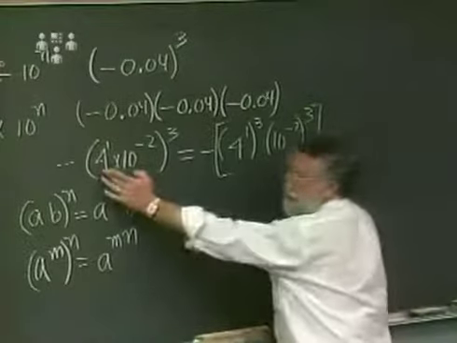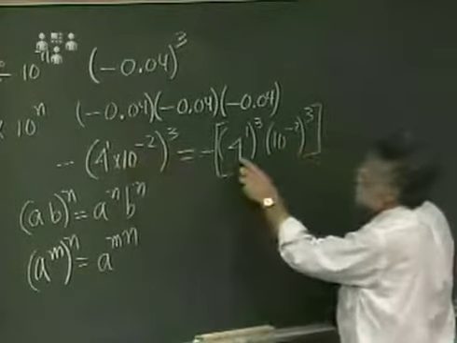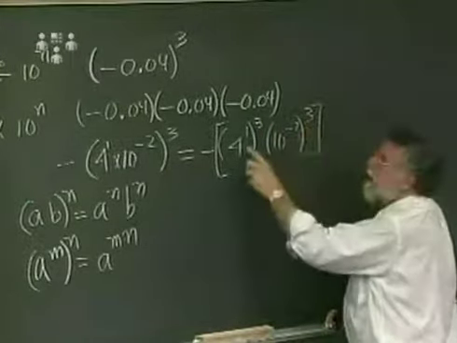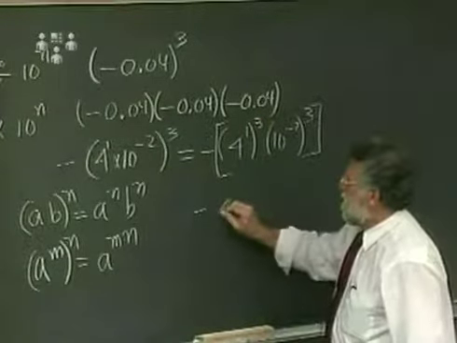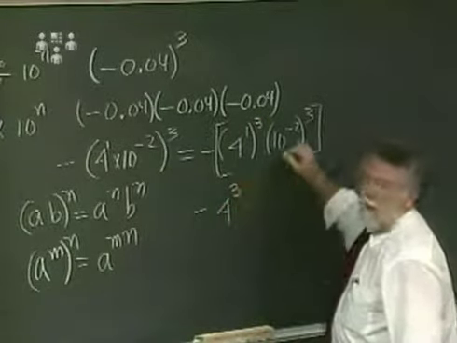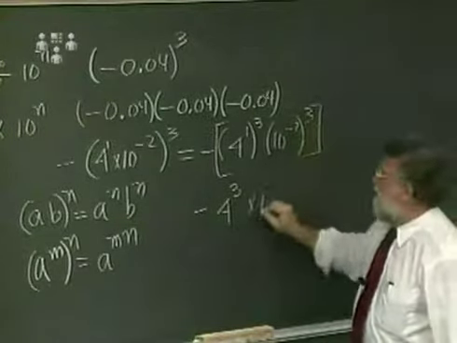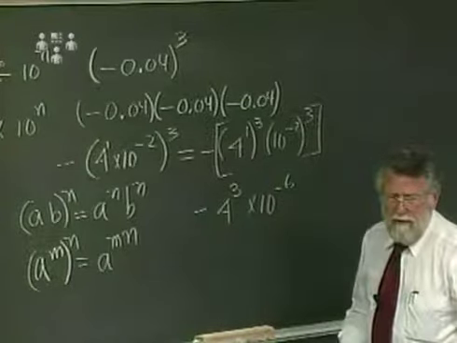This is my A. This is my B. So I'm taking A to the third, B to the third. And 4 to the 1 to the third is 4 to the third. 10 to the minus 2 to the third is 10 to the minus 6. What is 4 to the third?